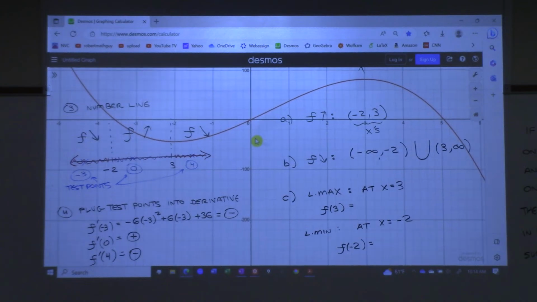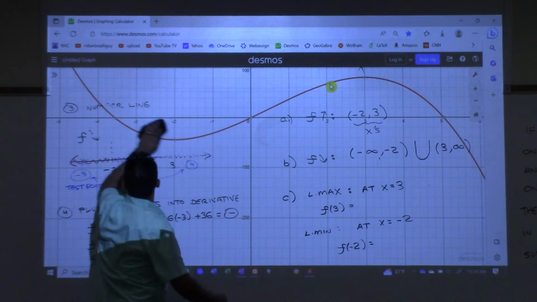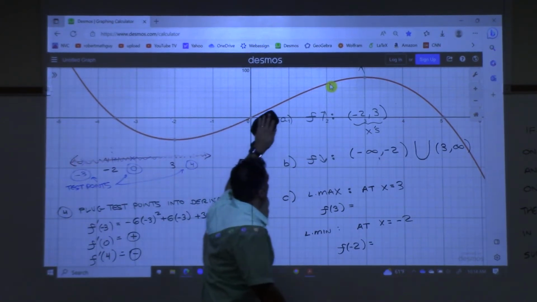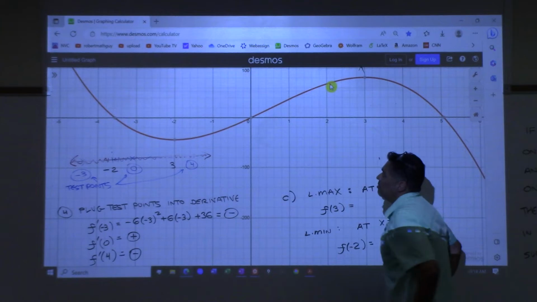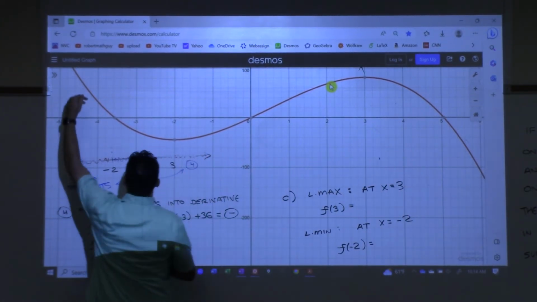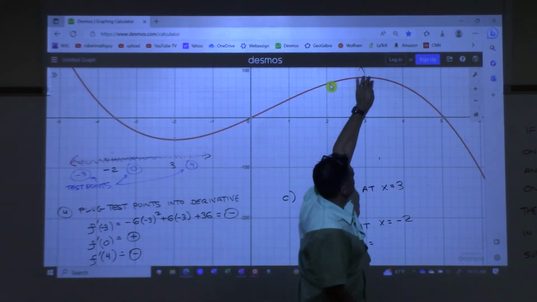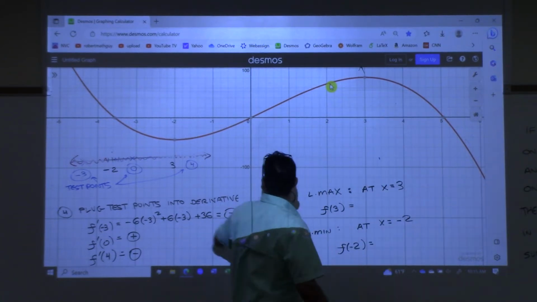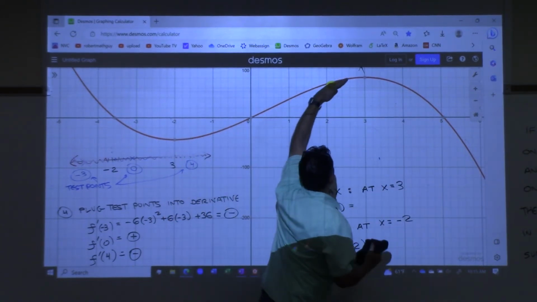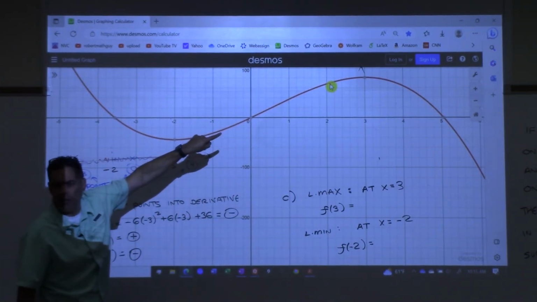It looks like we have, to the left of -2, my graph is decreasing, right? And then where else is it decreasing? To the right of 3, it decreases, right? And then between -2 and 3, it increases. We have a local minimum here at -2, and we have a local maximum at 3.